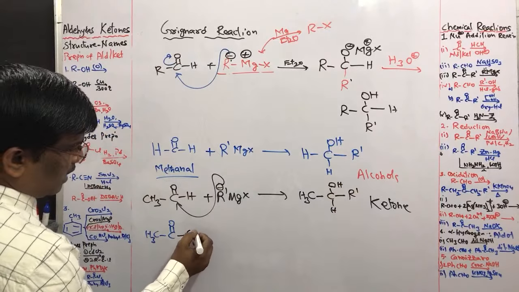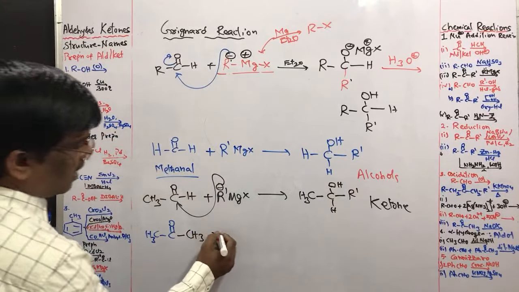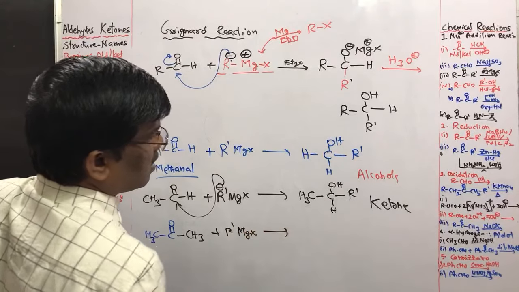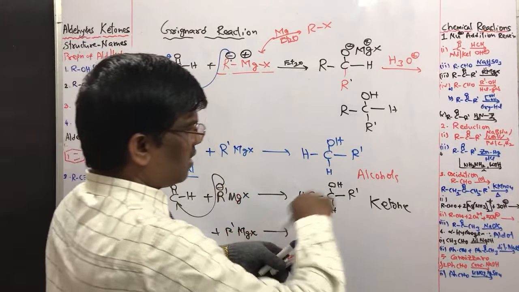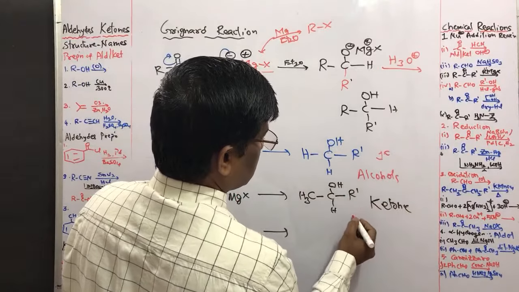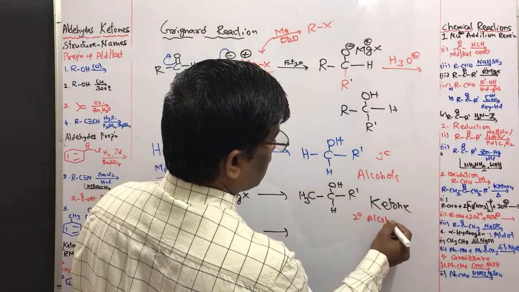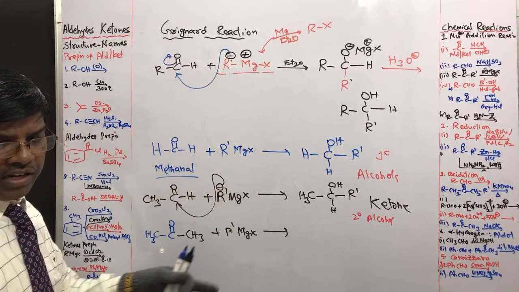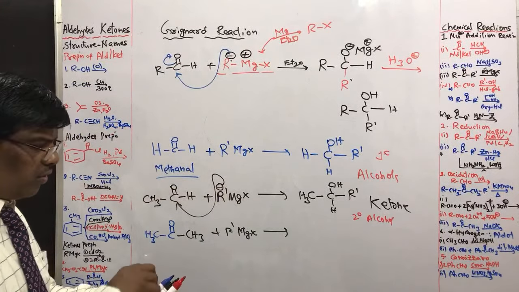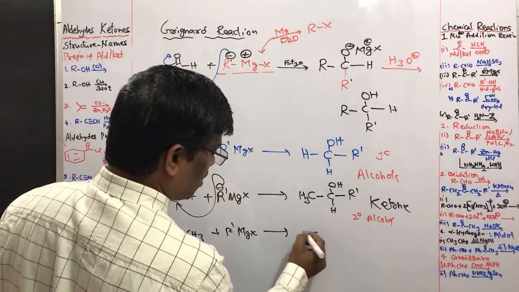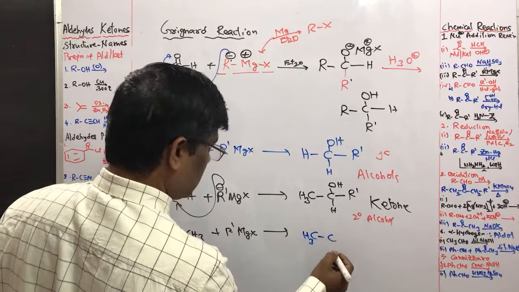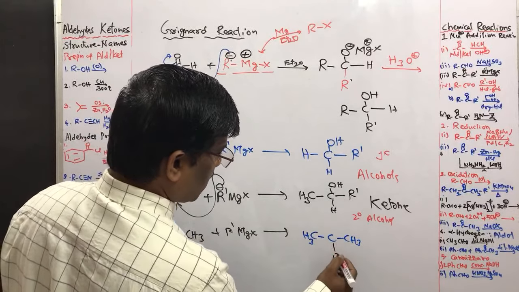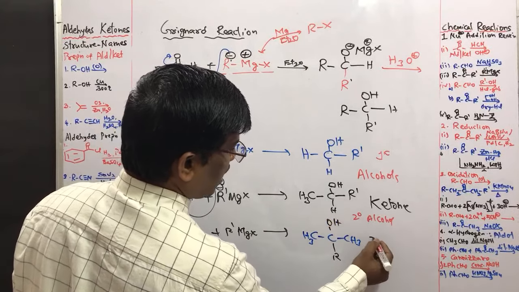When I take the ketone here itself and do the RMgX reaction, this is a primary alcohol, this is a secondary alcohol, and when I take a ketone and do the Grignard reaction, I am going to get CH3 and CH3. This R prime has come and this is a tertiary alcohol.